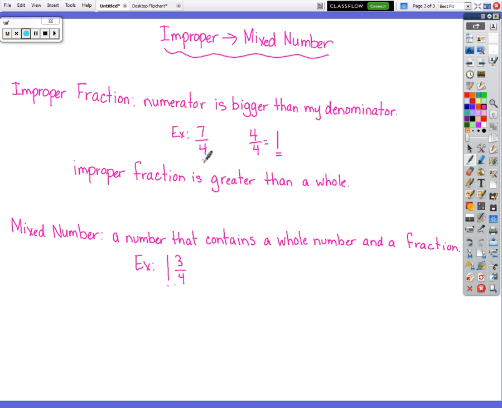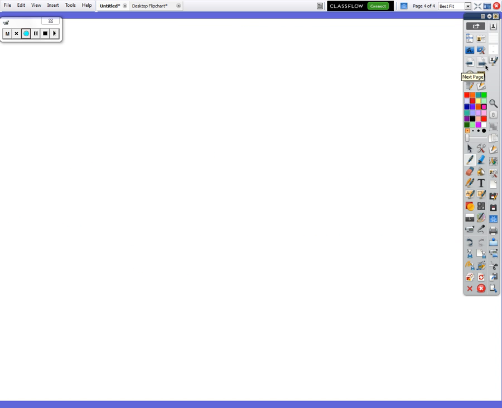But sometimes that mixed number still isn't in simplest form because the fraction part isn't. We'll talk about that as we go along. So, steps in turning an improper fraction into a mixed number.